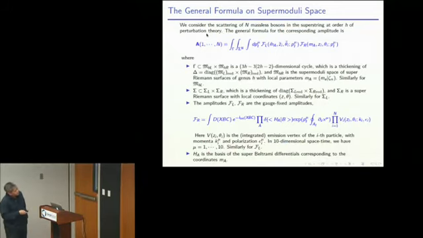Notation-wise, we'll denote generically parameters for supermoduli for this cycle by m_A and zeta_alpha. And over here, we are interested in the scattering of n massless bosons. So that will require insertions of n vertex operators, V, over here.